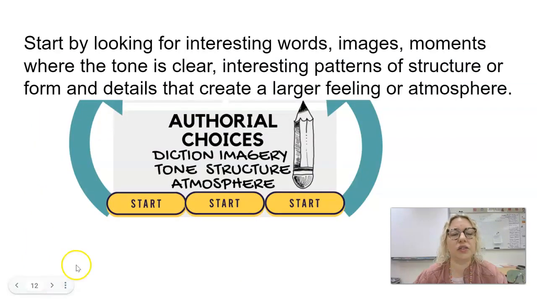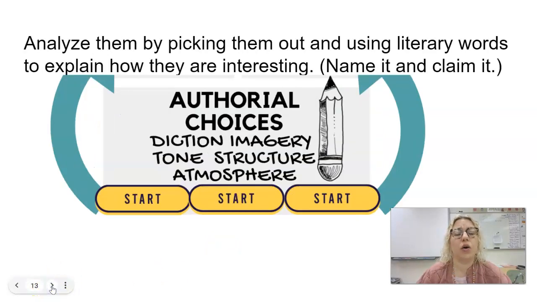All right, so start by looking for interesting words, images, moments where the tone or the speaker's voice is clear, interesting patterns of structure or form and details that create a larger feeling or atmosphere. And then you analyze them by picking them out and using literary words to explain how they are interesting. Name it and claim it is a phrase I sometimes use.